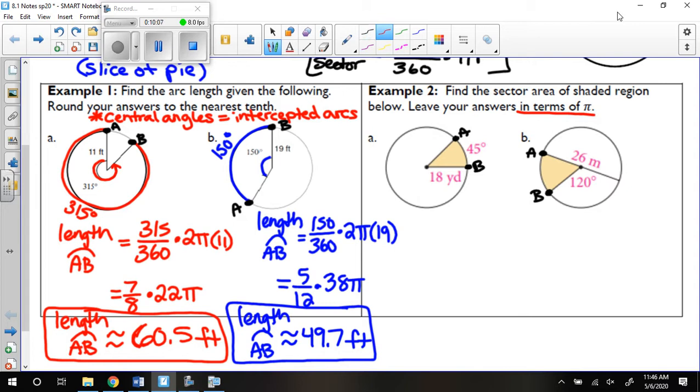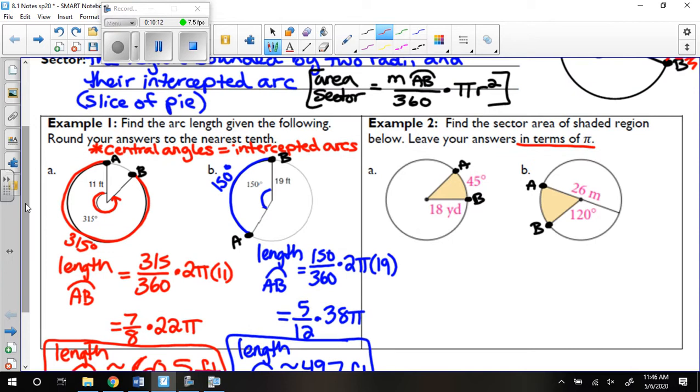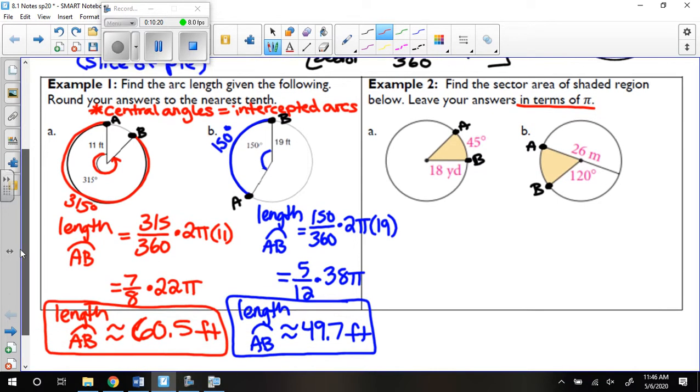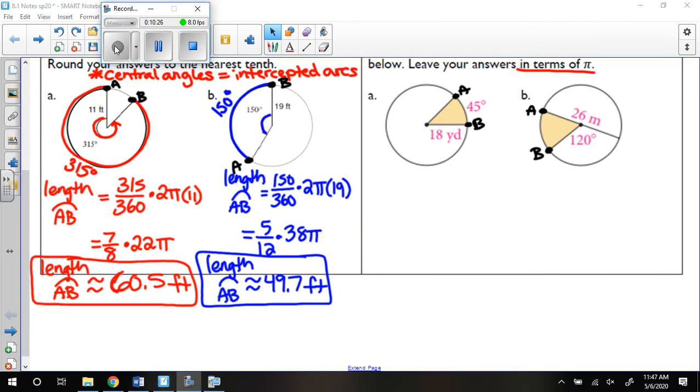We know that our area formula, here I'll scroll up, is the measure of our arc over 360 multiplied with pi r squared. Now, hold on, I'm going to move my writing over a little bit. There we go.